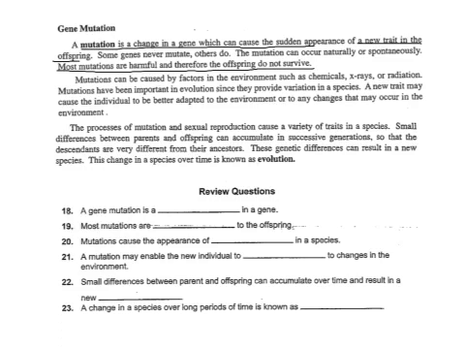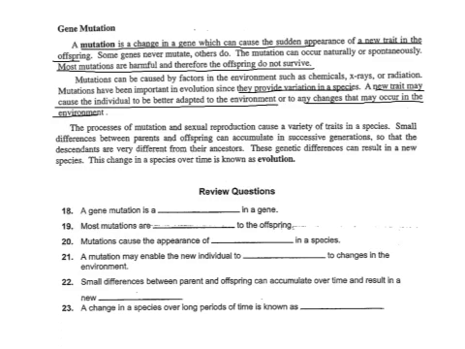Mutations have been important in evolution since they provide variation in the species. A new trait may cause the individual to become better adapted to the environment or to any changes that may occur in the environment. The process of mutation and sexual reproduction cause a variety of traits in species.